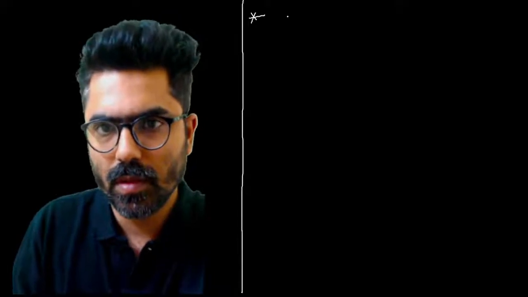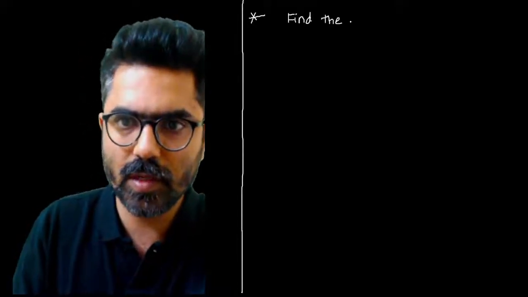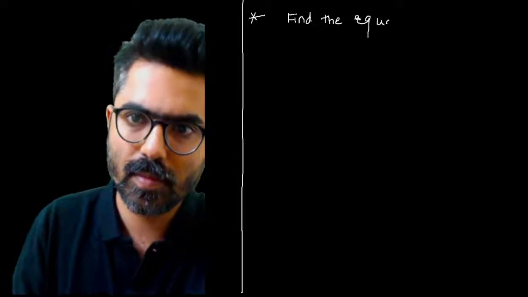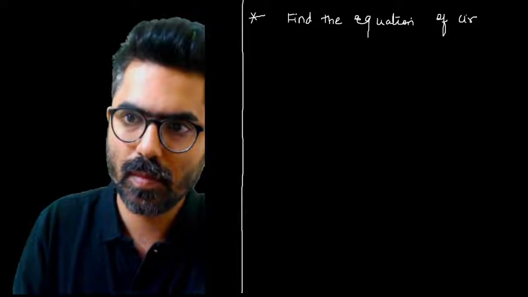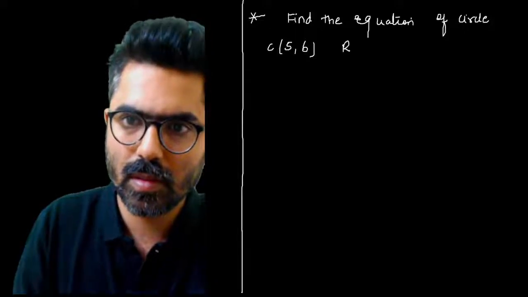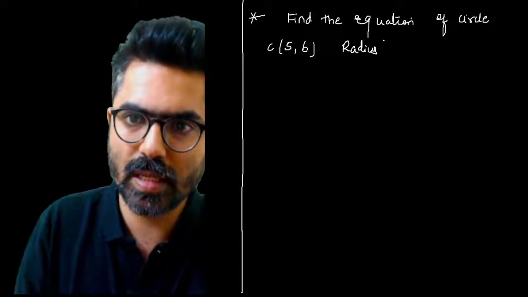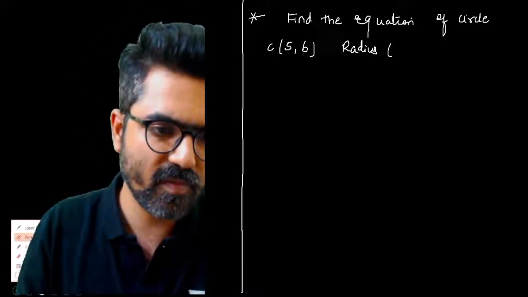Now find the equation of circle with center as 5, 6 and radius as, let's say, 2.